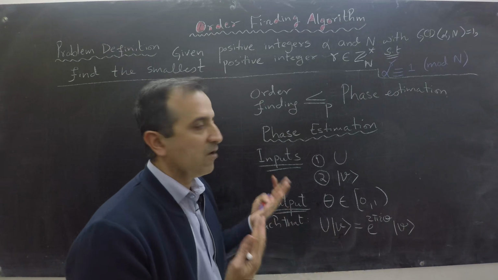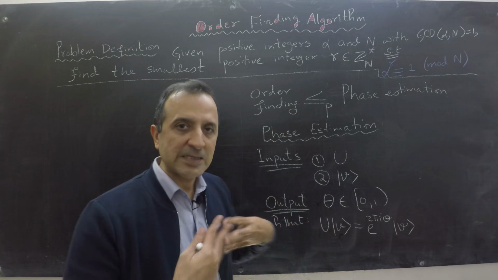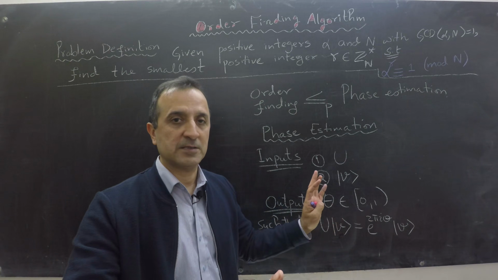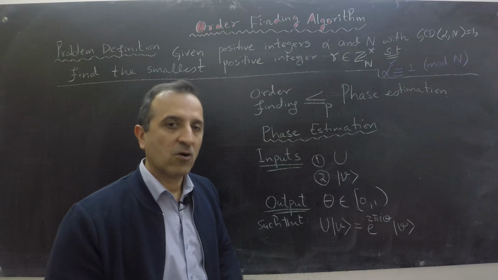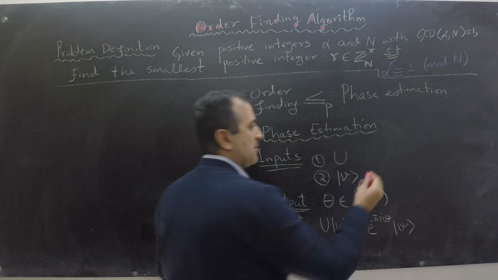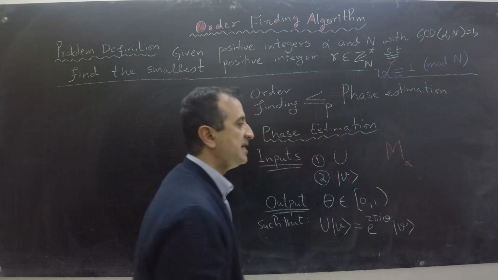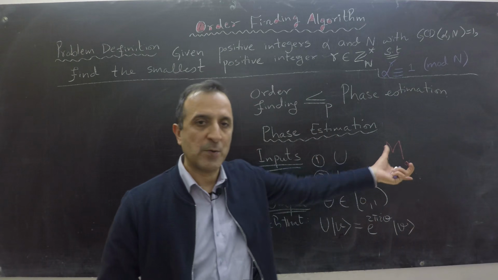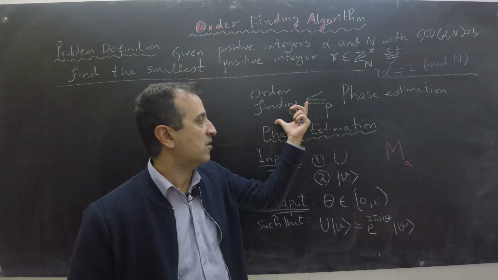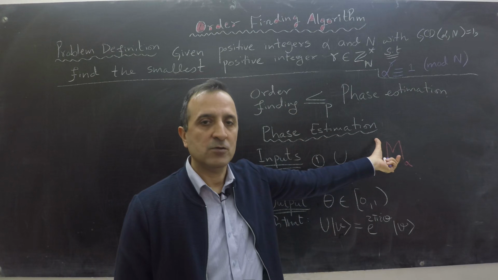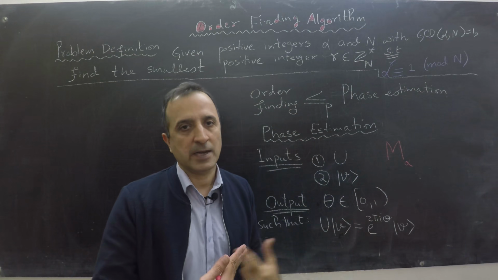Now to realize order finding, the basic idea is that we will prepare a special unitary matrix. Let's call the unitary matrix M alpha. That special unitary matrix that we will prepare for the order finding algorithm has eigenvalues with the order r in them.